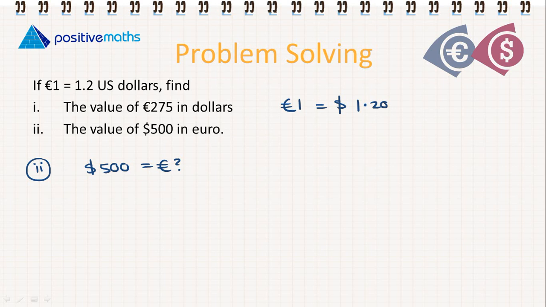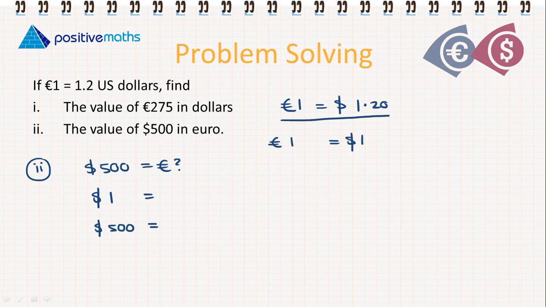Like before, once we have one of the amount we're looking for, so once we have $1, then we can very easily find any other amount that they ask us to. So we need to use our exchange rate. We have 1 euro is equal to $1.20. But what we're really looking for now is just $1 by itself.